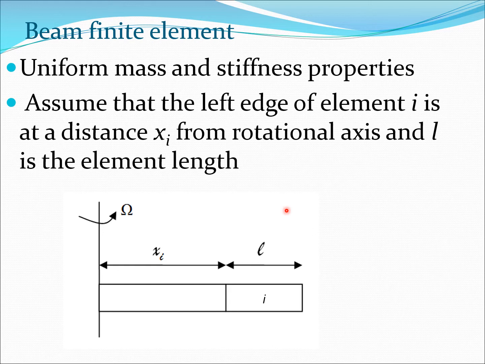local level, that is if we look at element i here, and this element i has length L, then within this the mass and stiffness are constant. And also we define a particular nomenclature that the distance from the rotation axis to the left edge of this location i is x subscript i.